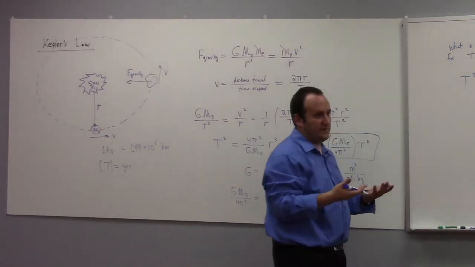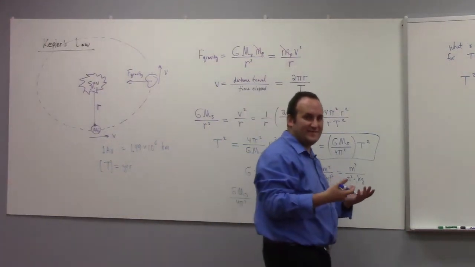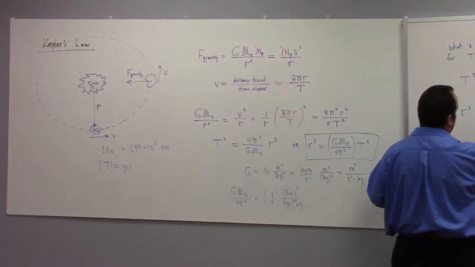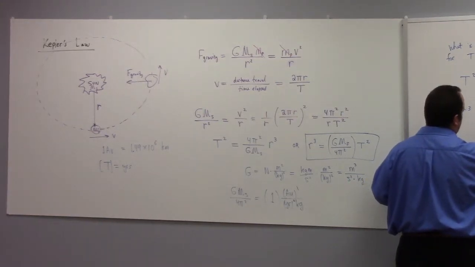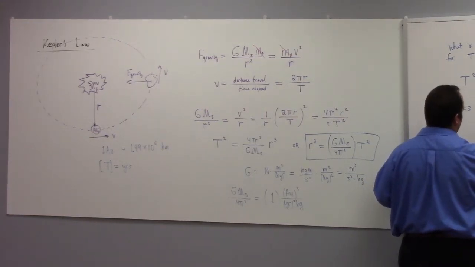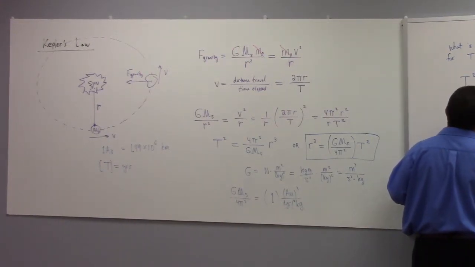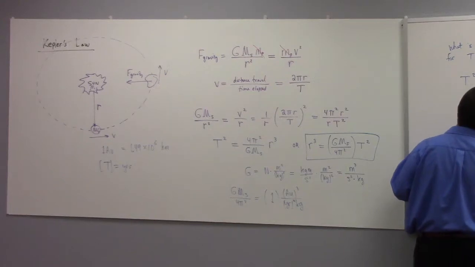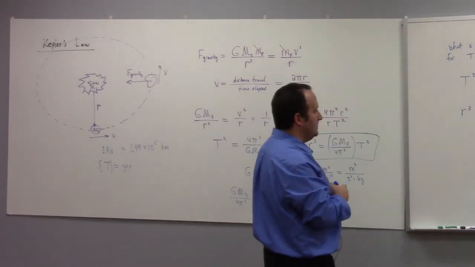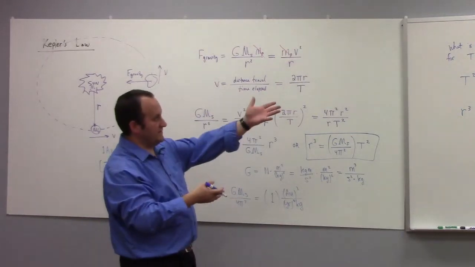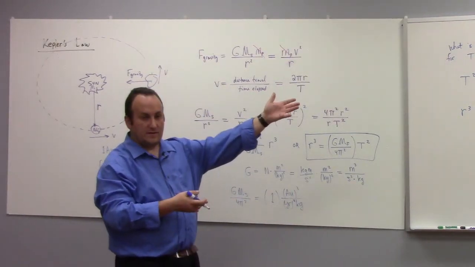I don't know r. I'm trying to solve for r. I just wrote down the wrong equation. To make my life easier, I should have written this one down: r cubed is equal to G times the mass of the sun divided by 4 pi squared, times T squared. What are we given? We want the time to be 2 years. So what does this become?